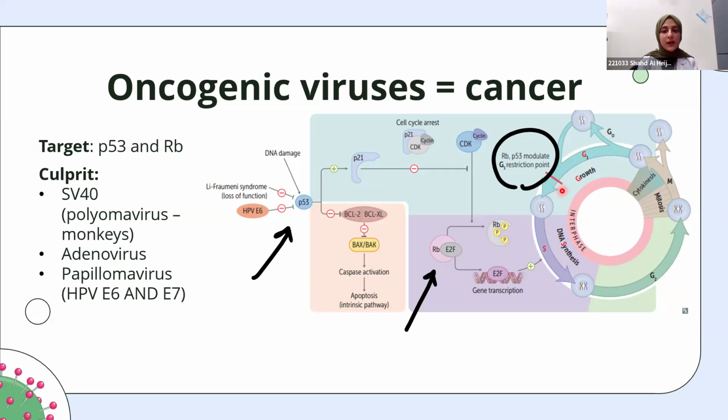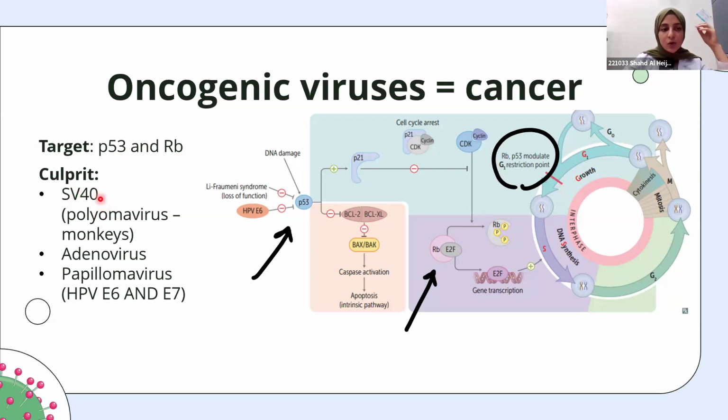But now you have viruses infecting, affecting those checkpoints in the cell cycle, and they will cause cancer, because very rapid replication due to an unregulated cell cycle will cause cancer.